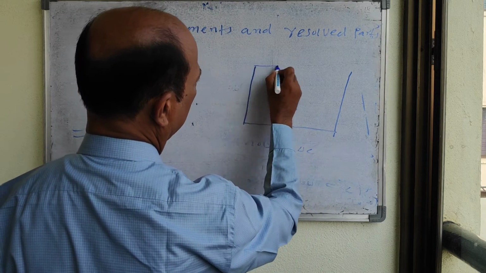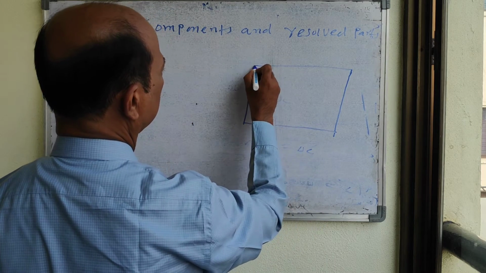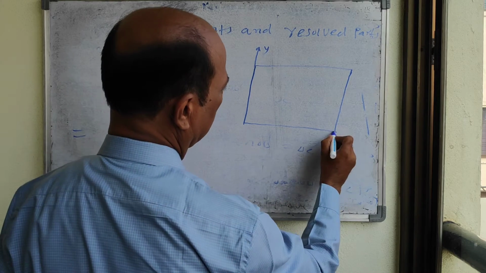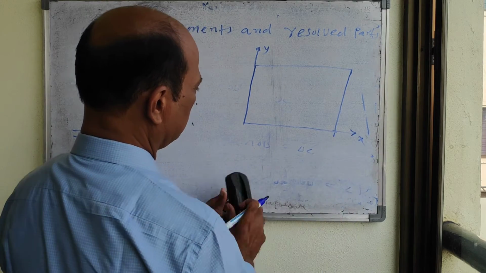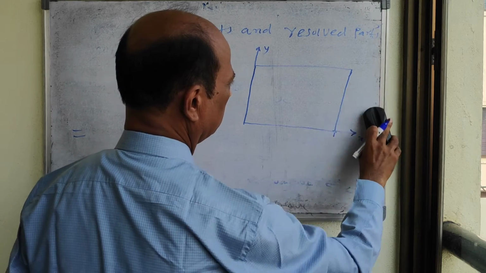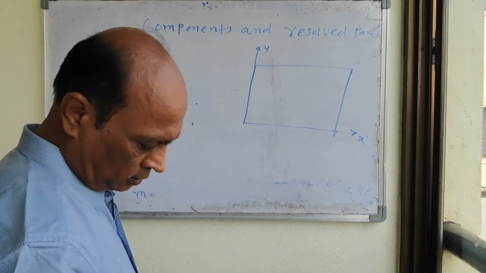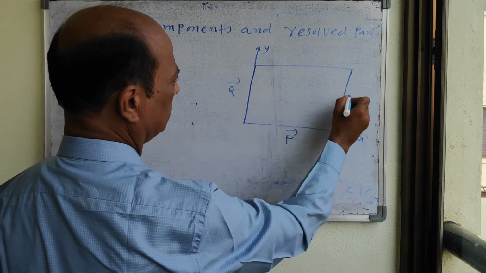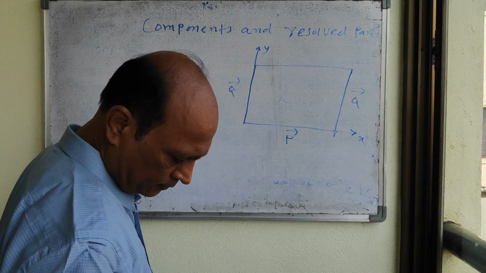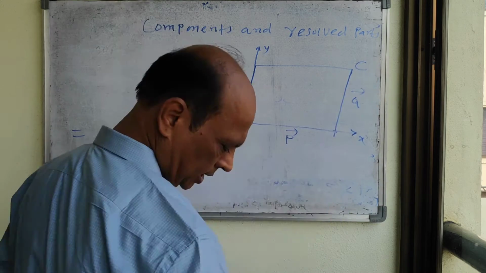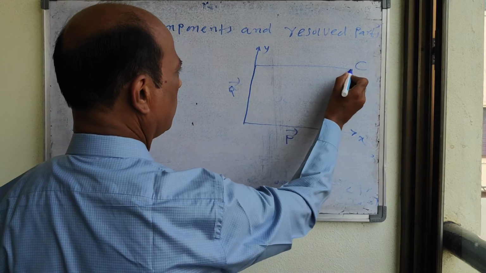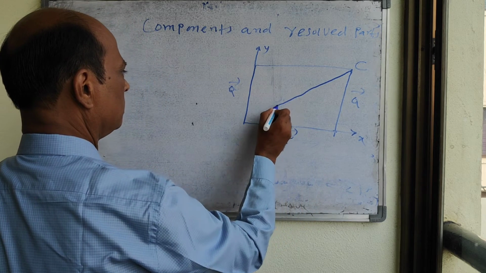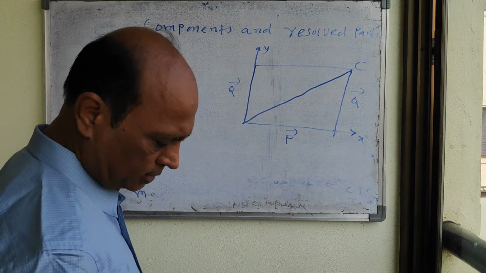This is the parallelogram, and here extend this to the y-axis, and here also you extend this to the x-axis. So this is the force P bar, this is Q bar, this is also Q bar here, and this is the point C. Now join these 2 points.